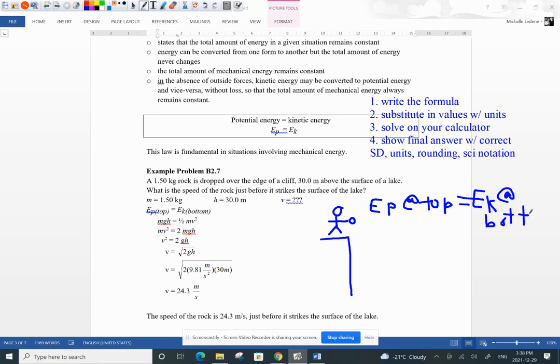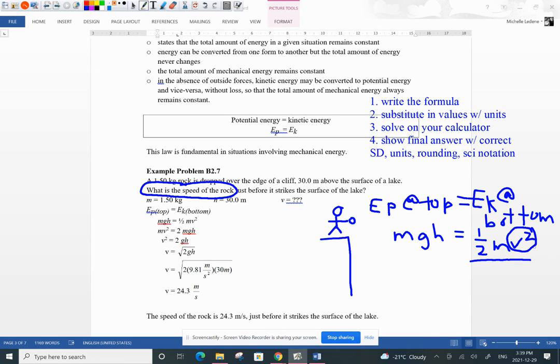So what is potential energy? Well, potential energy is mgh. What is kinetic energy? You know this as well, 1/2 mv squared. I am looking for the speed of the rock just before it strikes the surface of the lake. So I need to calculate speed, not speed squared, but speed.